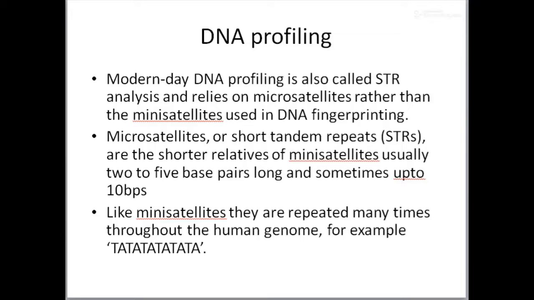But in the modern DNA profiling techniques, also known as short tandem repeat analysis, we mainly use the microsatellites rather than the minisatellites. Now, what is the difference between microsatellites and minisatellites? Microsatellites are very short tandem repeats, just about 2 to 5 base pairs long, and sometimes up to 10 base pairs.